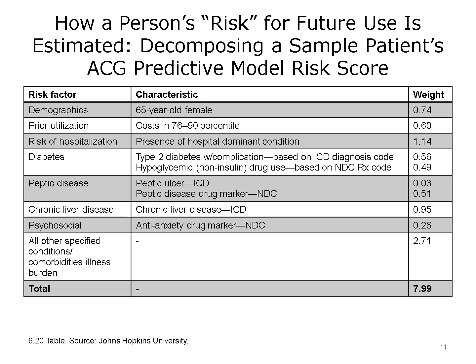She also had a peptic ulcer disease with some medication, a chronic liver disease, a psychosocial condition, and some other conditions. Each of these adds an extra score. You'll see, by the way, that other conditions not specified as specific diseases are also added. This extra weight of 2.71 is significant. This model suggests that this individual will have a predictive score of 7.99.